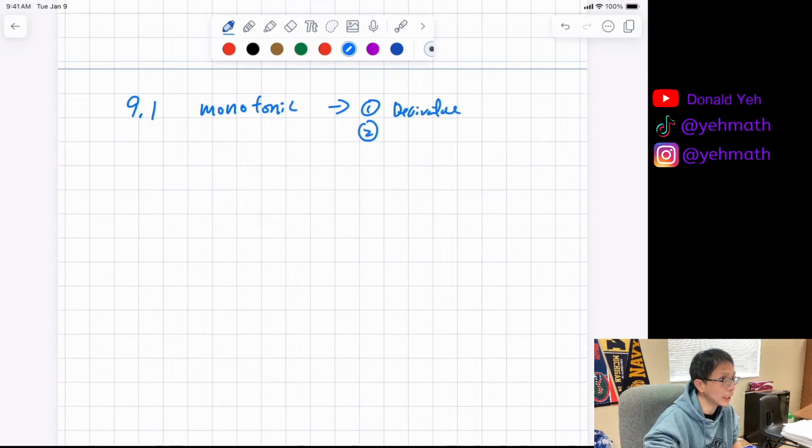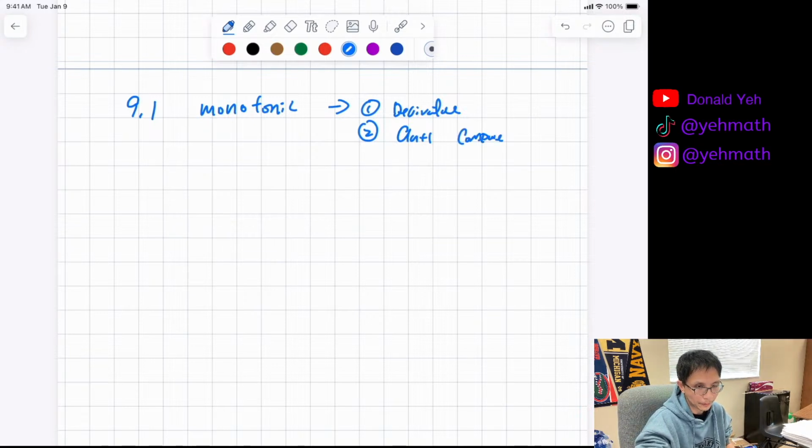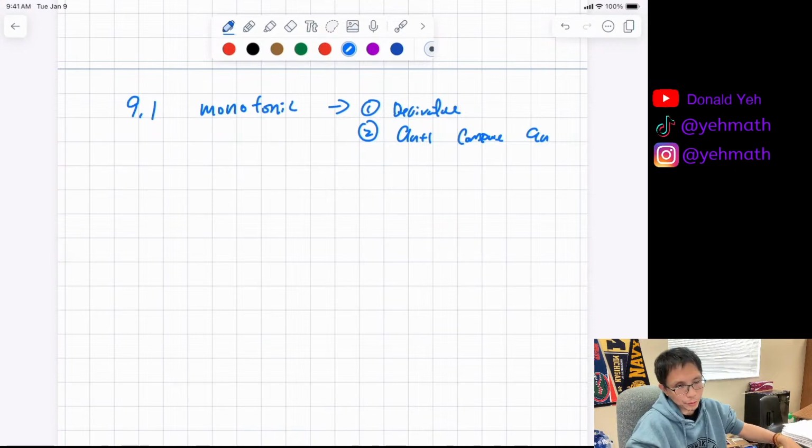The second way is to compare a sub n plus 1 to a sub n, either less or greater, which you can compare from the algebraic perspective. And you can figure out, are they always monotonic? Maybe after several terms, sometimes maybe after the second term it is monotonic. You can say that. Can it be n minus 1 also? Usually you compare a sub n plus 1 and a sub n.